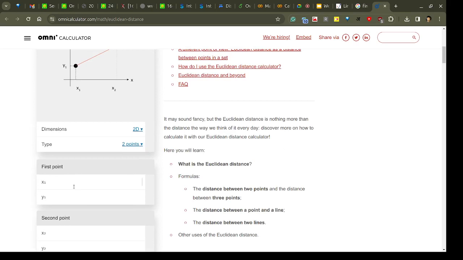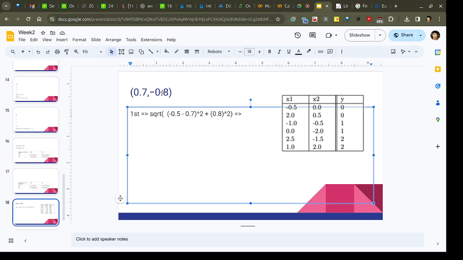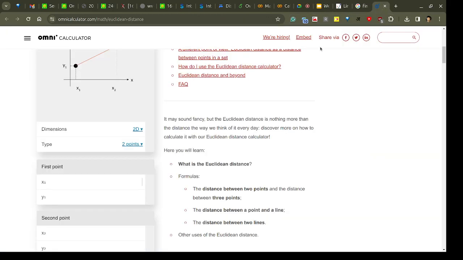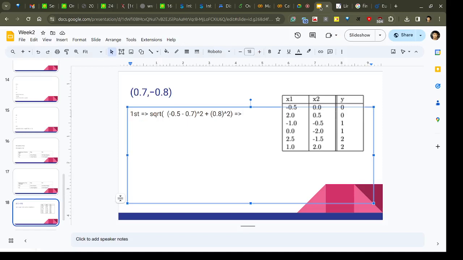First point here is 0.7, minus 0.8, and second point is minus 0.5 and 0.